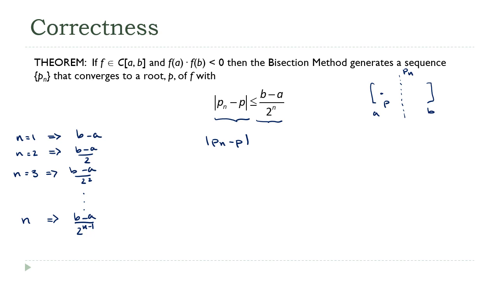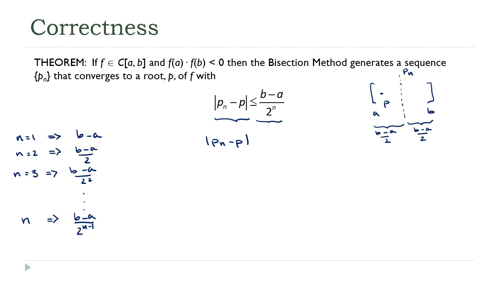The maximum distance between the midpoint and the actual value is going to be half the length of this interval, right? It has to either be in here, and that's (b minus a) over 2, or it has to be in here, and that's also a distance no more than (b minus a) over 2.